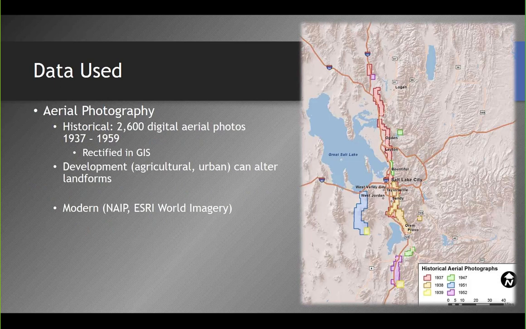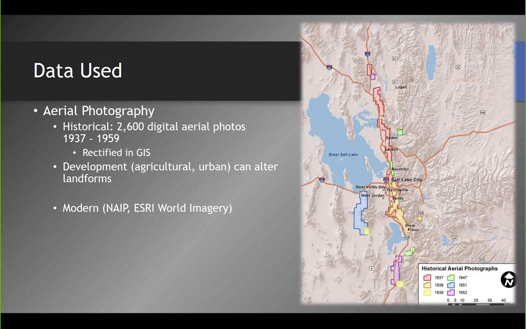The next data set we used, which was very critical, was aerial photography, both historical and modern. Over time, as agricultural, residential and commercial development comes in, and the land is regraded and changed, sometimes you lose the characteristics that would identify an alluvial fan landform because they've been developed.